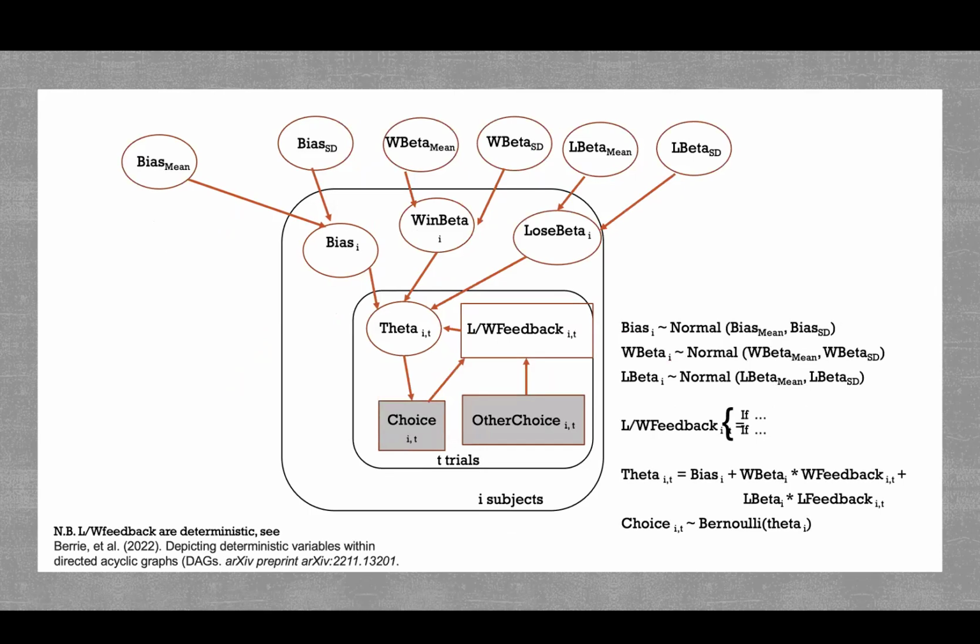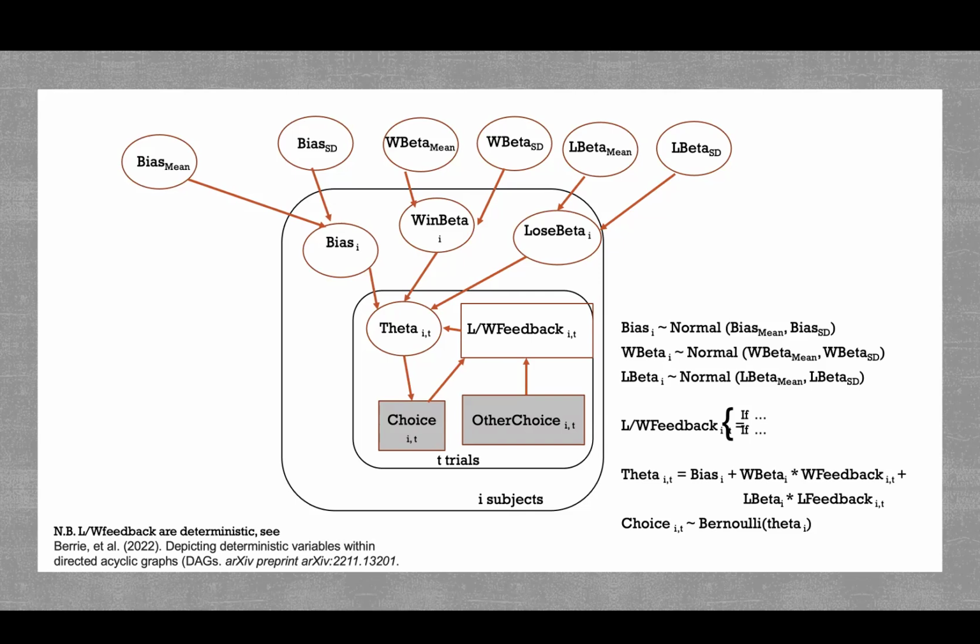This is the win-stay-lose-shift, probabilistic win-stay-lose-shift model, which is very similar. But the idea is that instead of memory, the choice and the other choice determine the feedback that we're getting at every round. And the feedback defines the theta together with the bias. How much do we follow the stay rule when we win?